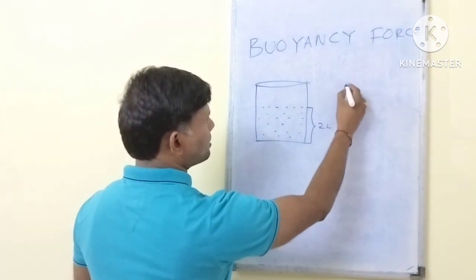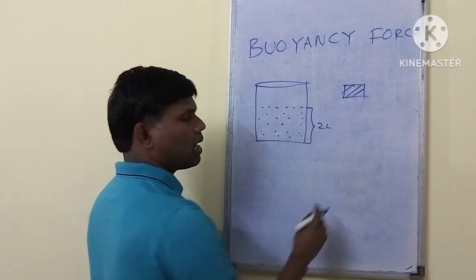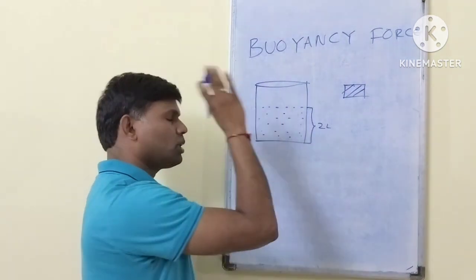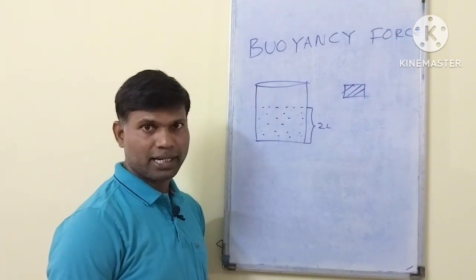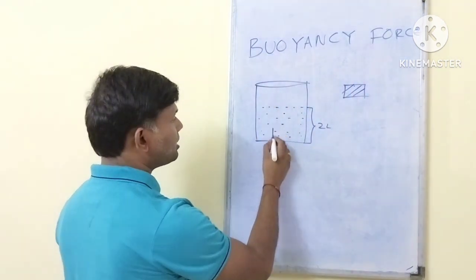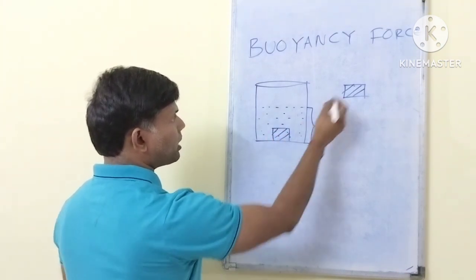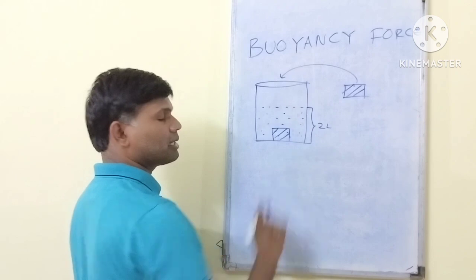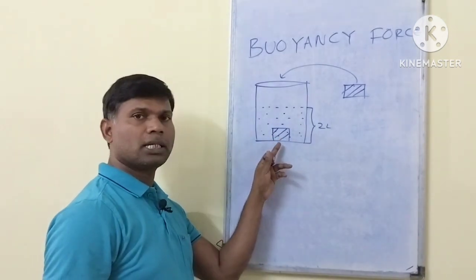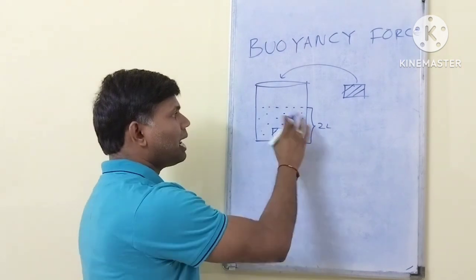This is one object. I will drop this into the liquid. This object has gone inside. Now it is at the bottom of the container. Because of this, it is completely immersed in the liquid. The level will increase.